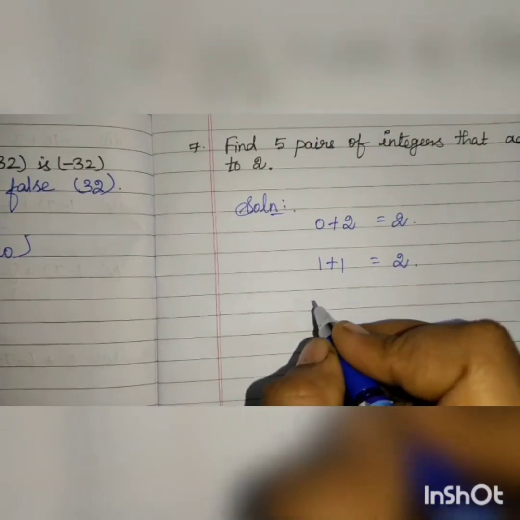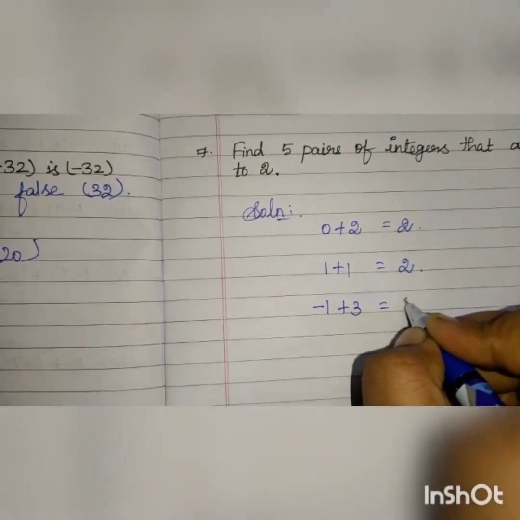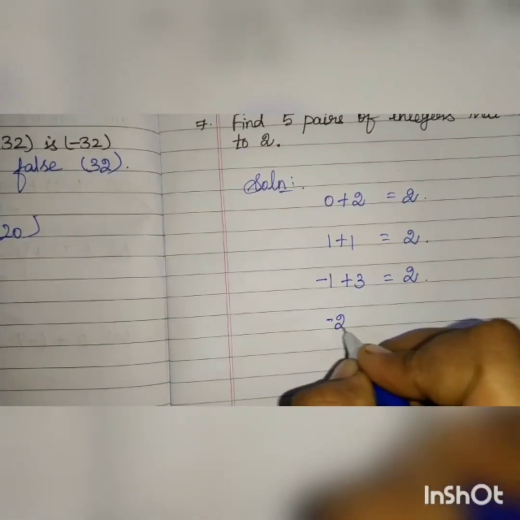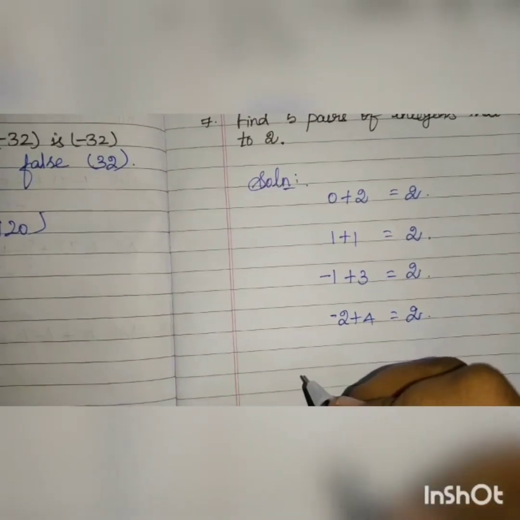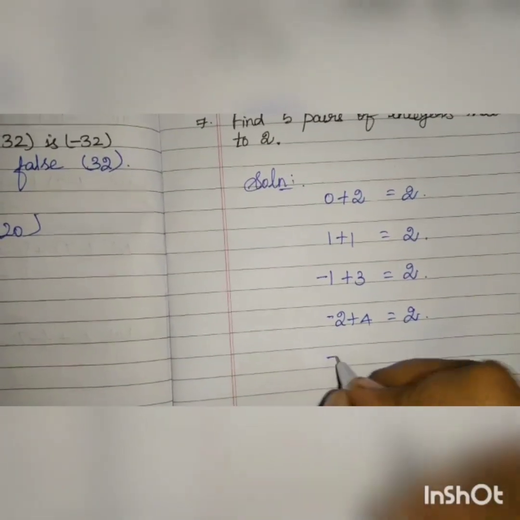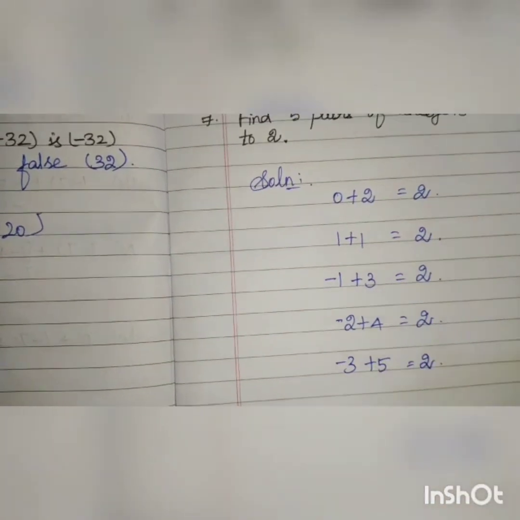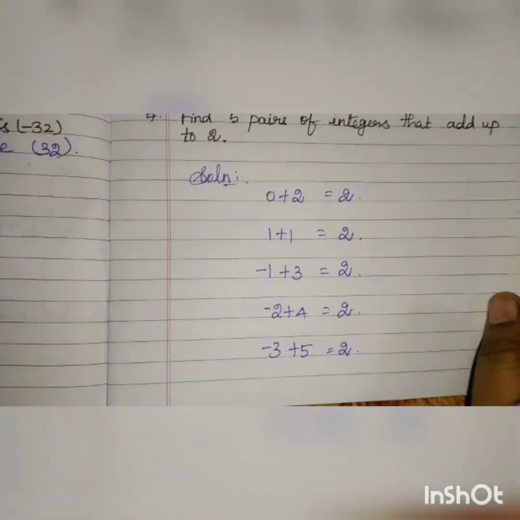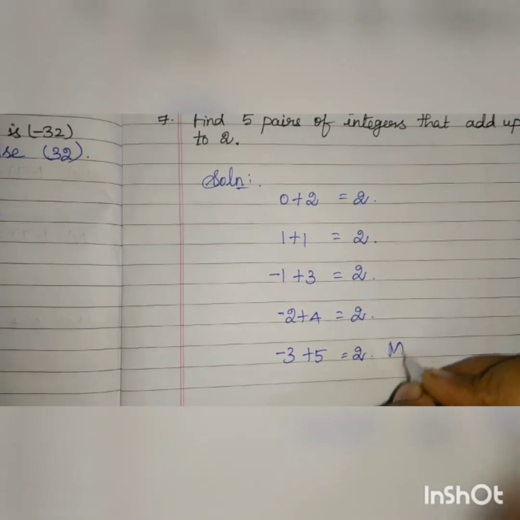Minus 1 plus 3 equals what answer? 2. Minus 2 plus 4 equals 2. Minus 3 plus 5 equals 2. Okay, 5 pairs I have written here. So many answers you can write like this.